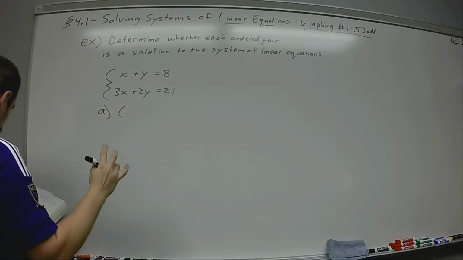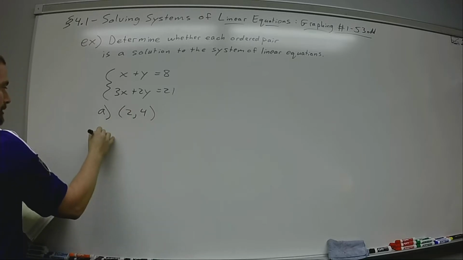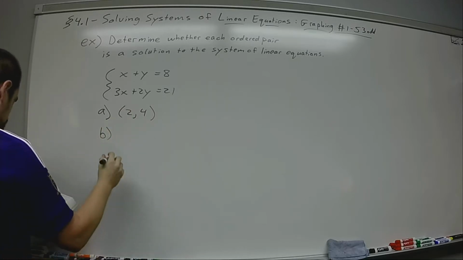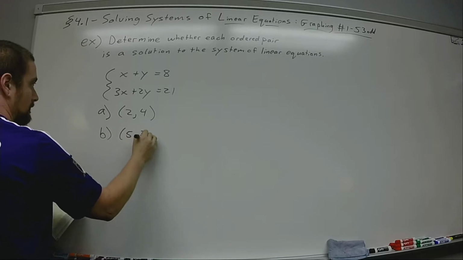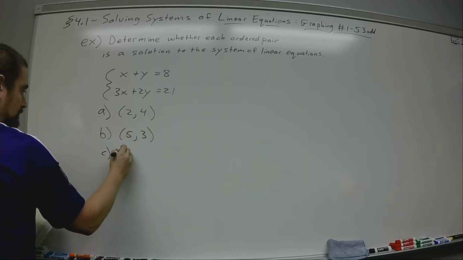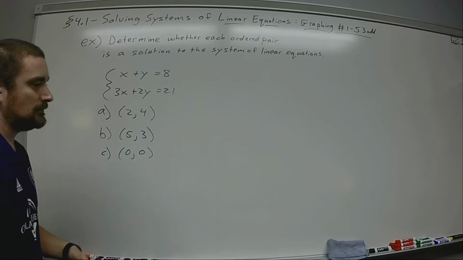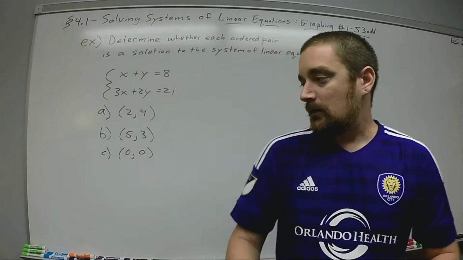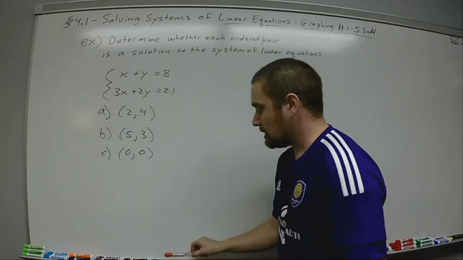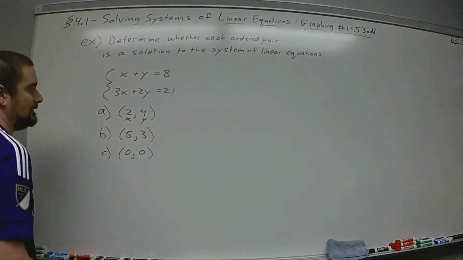Our first proposed solution, we don't know if it works or not, is (2, 4). The second proposed solution is (5, 3). And the third proposed solution is (0, 0). So we've got a system with a spot for our x and our y values. Remember that in ordered pairs, the x value always comes first, the y value always comes second.